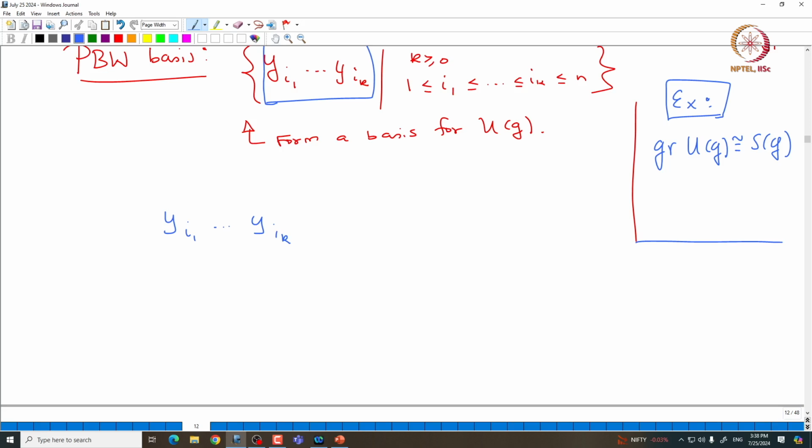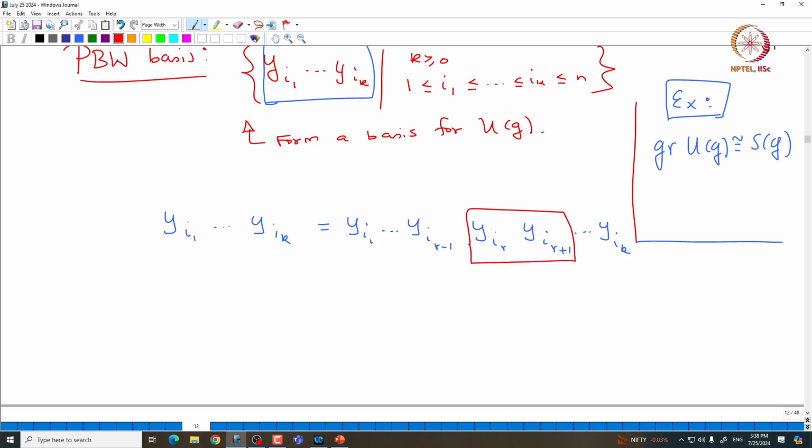Let us say the very first instance where it happens is at the rth position. Then you have yi1 through yi(r-1), which are indeed in the correct order, and then when you go to yir, yi(r+1), they are not in the correct order.